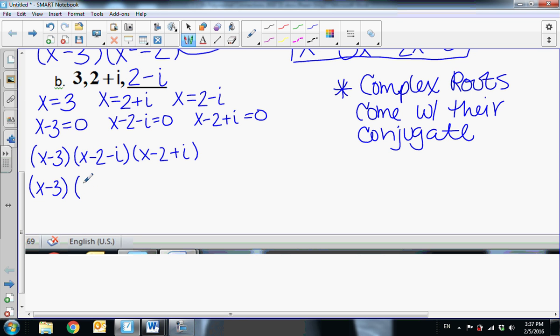We're going to start by distributing this x: x squared minus 2x plus ix. Now we're distributing this negative 2: minus 2x plus 4 minus 2i. And then distribute your negative i: minus ix plus 2i, and then minus i squared.